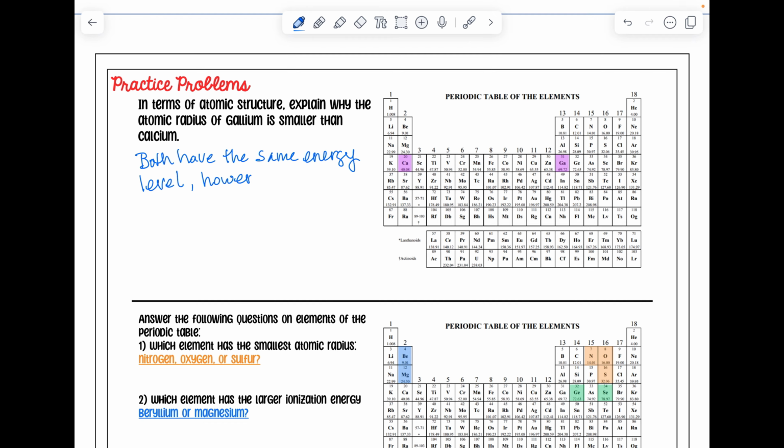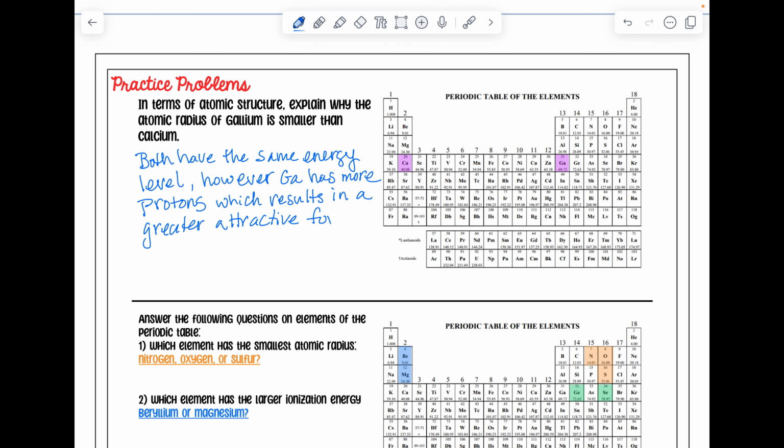However, gallium has more protons, which results in a greater attractive force, which decreases the atomic radius, or something like that.